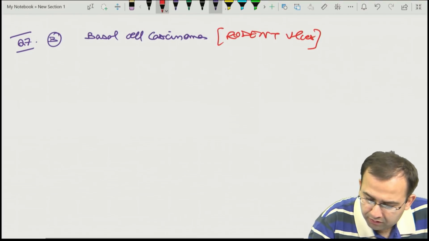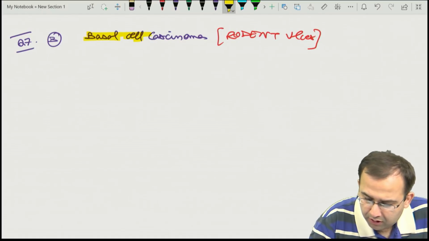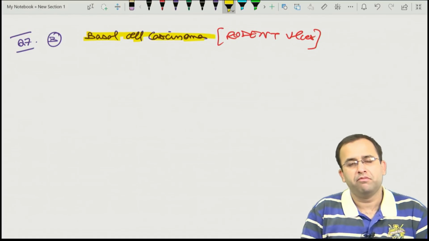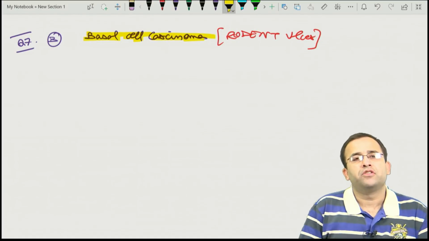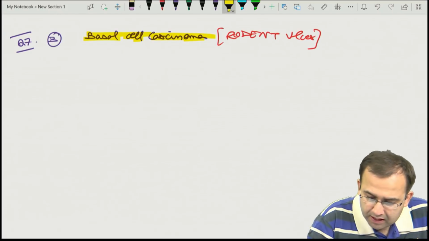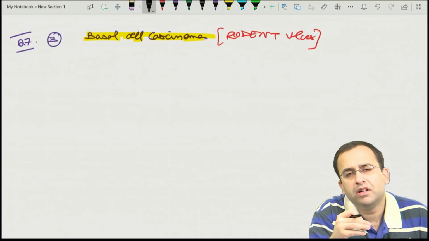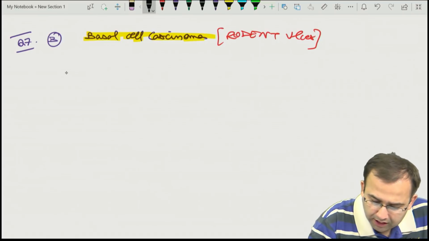So before we go further, let us have a look at a few salient features of basal cell carcinoma. First point, is basal cell carcinoma a benign tumor or is it locally aggressive? Locally aggressive.